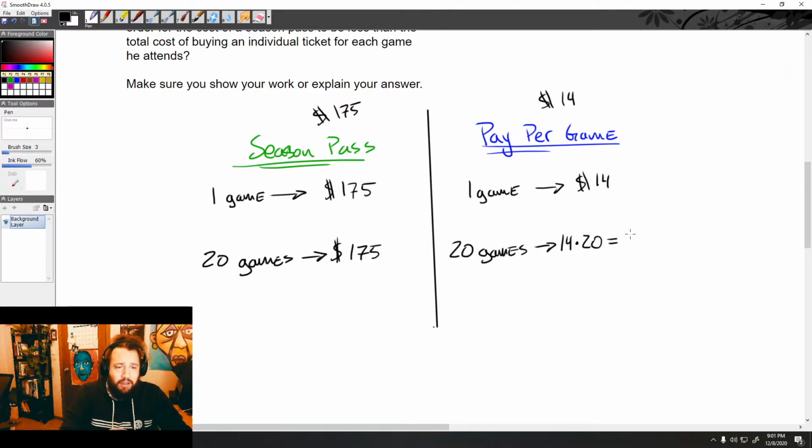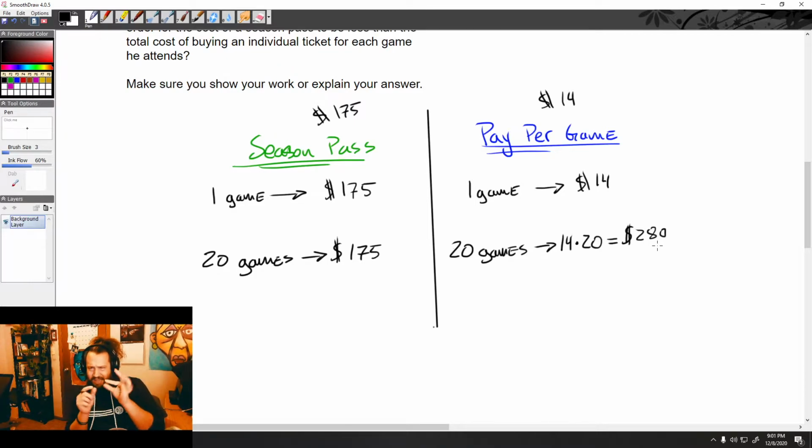Here we got $280. Yikes. So clearly there are some scenarios where the season pass is going to be better and some scenarios where the pay per game model is going to be better.